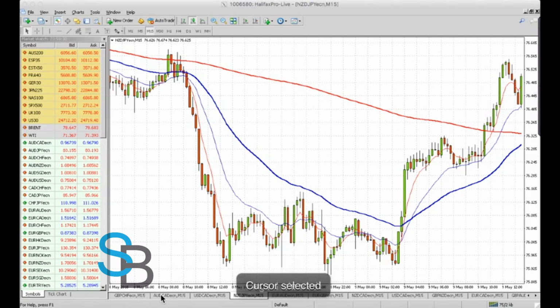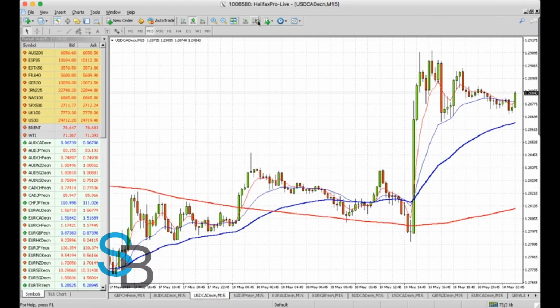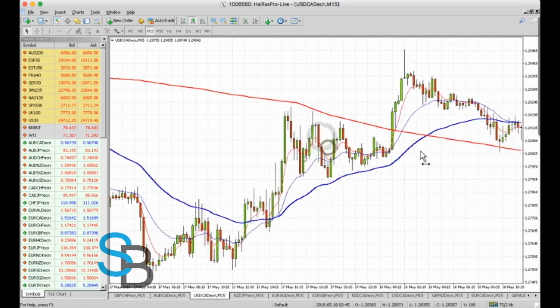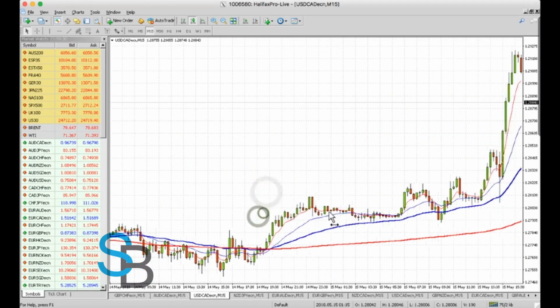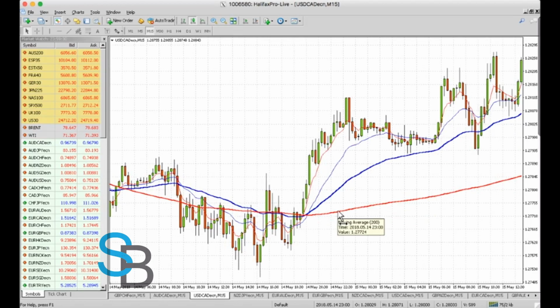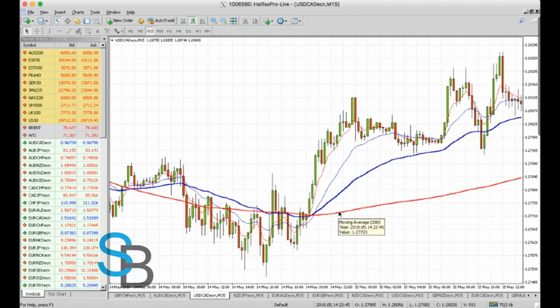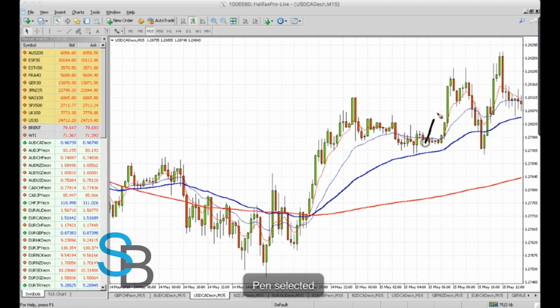Let's look at some other pairs. You can look at dollar Canadian, for example, and see if you can spot another pattern going up. Okay, this is another valid pattern. Here we go.